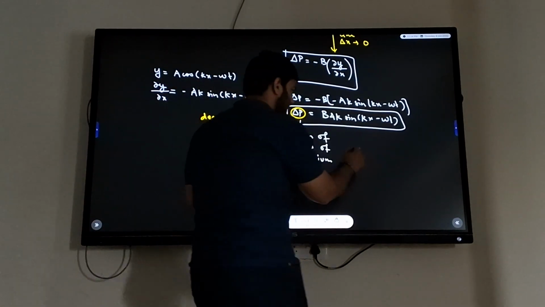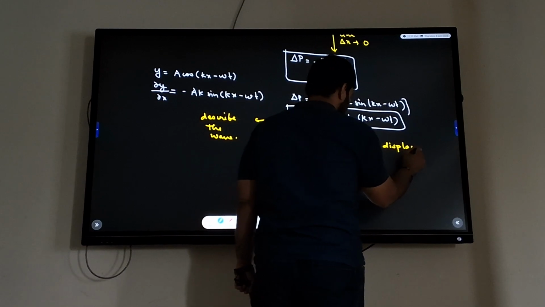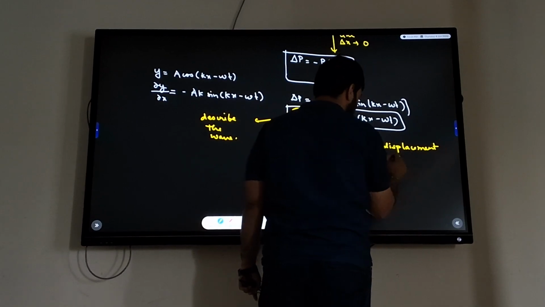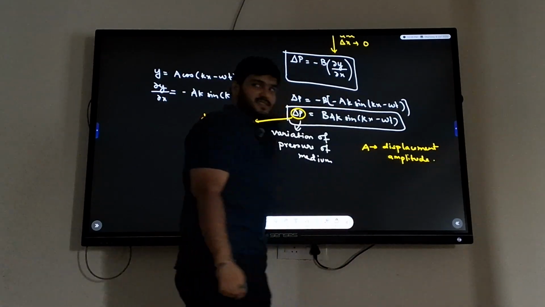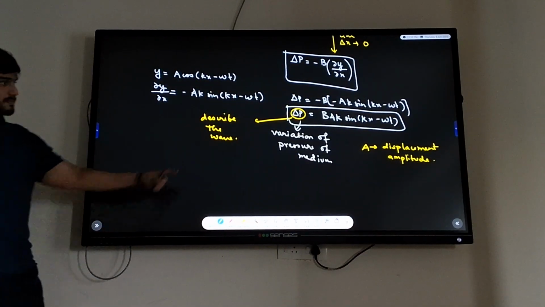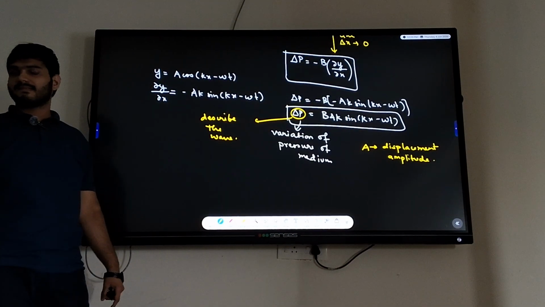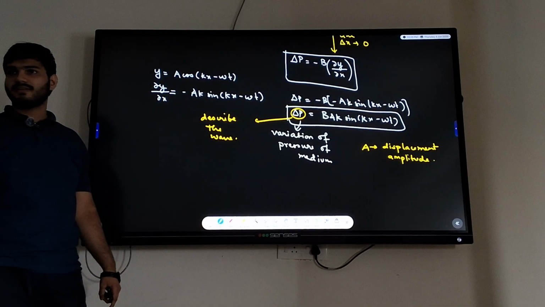Good. So A is displacement amplitude. Remember that amplitude just represents the max value, max value of anything. So what is the max value of this delta P? What is the max value of that delta P?